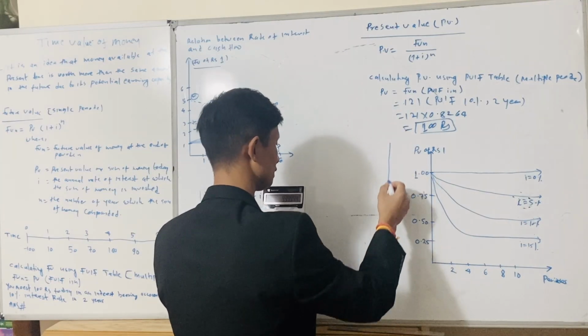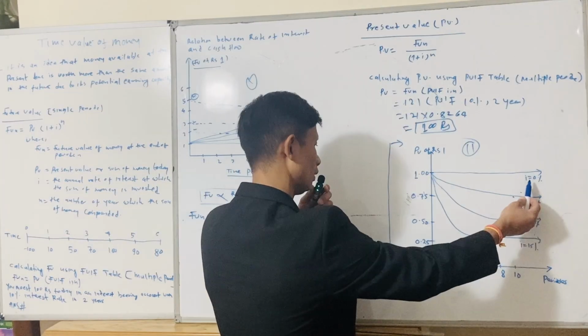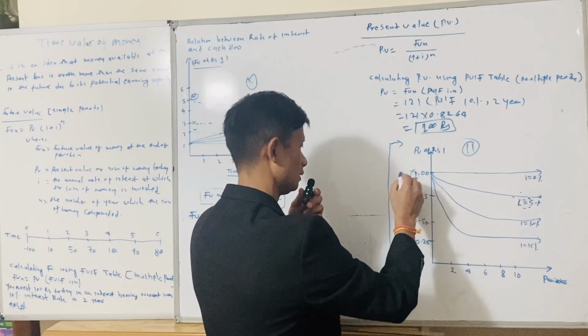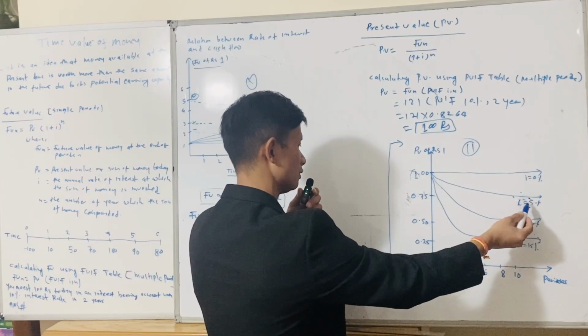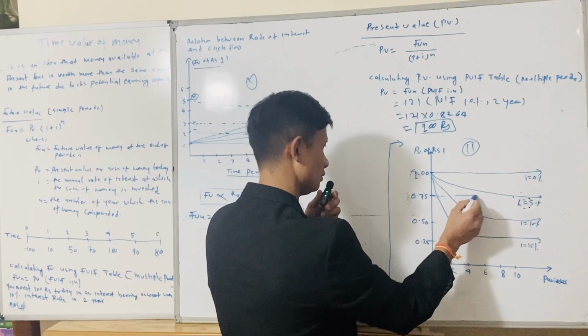To clarify this concept, let's have a look at this picture. At a lower rate of interest, the present value is 1. When you increase the interest rate, the present value goes down.